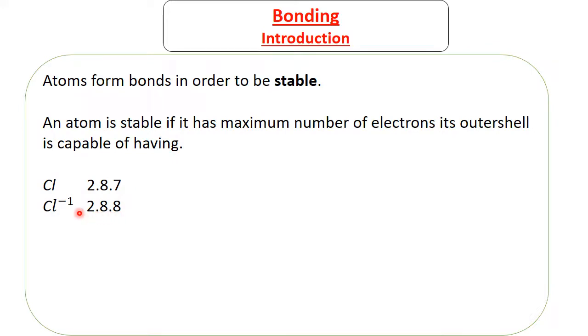Since it has gained an electron, it becomes a chloride ion, and we write it with this symbol, where the -1 suggests that it has 1 more electron than protons. Remember, electrons are negatively charged, so if it has gained 1 electron, then we put a -1.